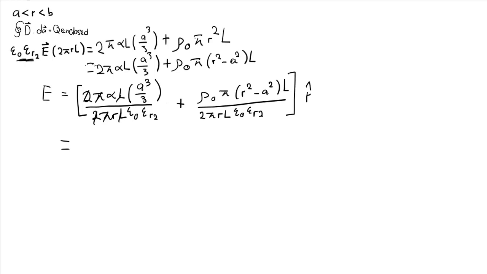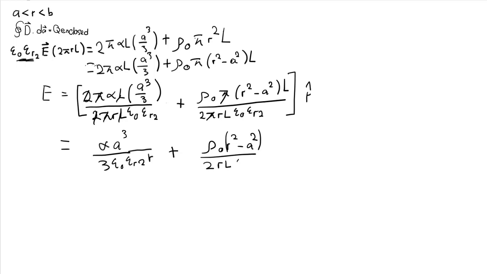We would just get alpha a cubed over 3 mu naught R2 R, plus like terms cancel out, and we would get rho naught R2 minus A2 over 2 R L mu naught mu R2, and the whole thing is with respect to R hat.